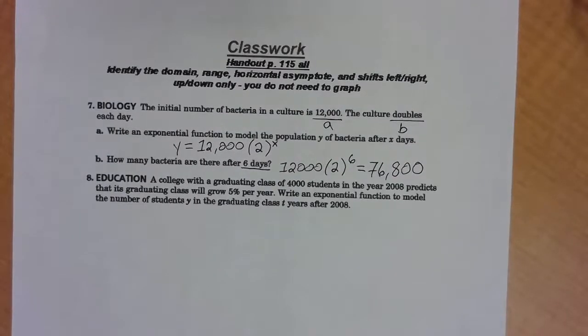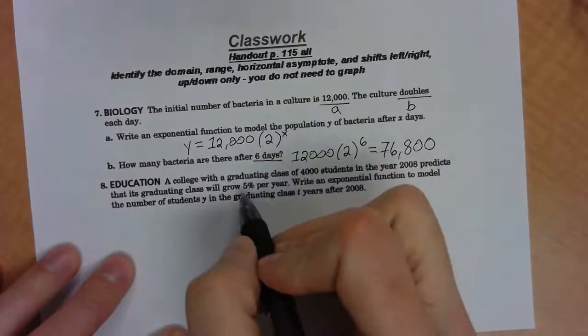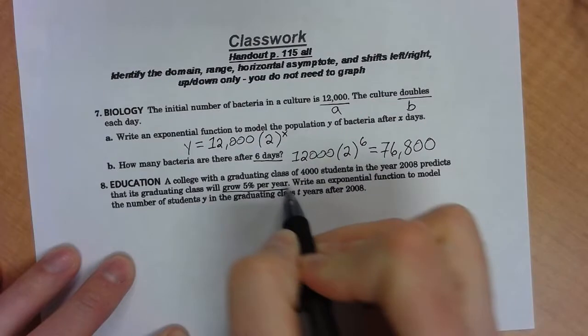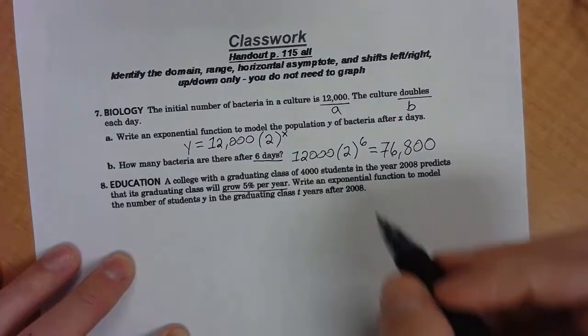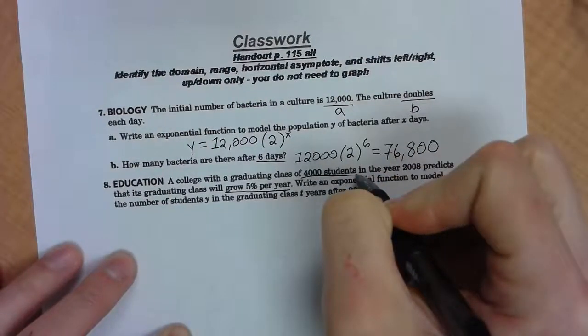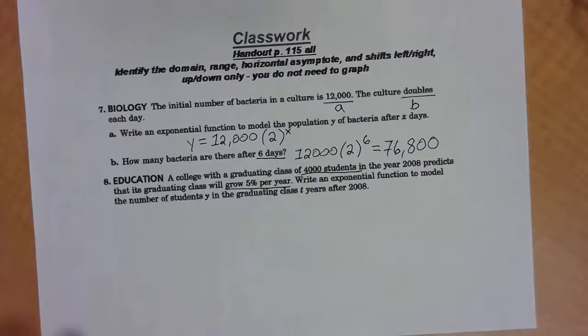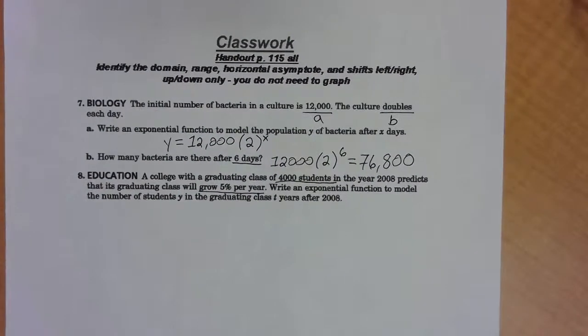So now in this next problem, we will look at a growth rate of 5% per year on a graduating class of 4,000 students at a local college, we'll say UNCW, in 2008. So we want to look at how we write out an equation for years after 2008.